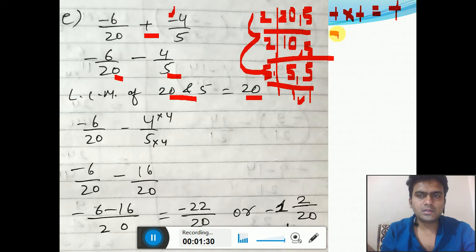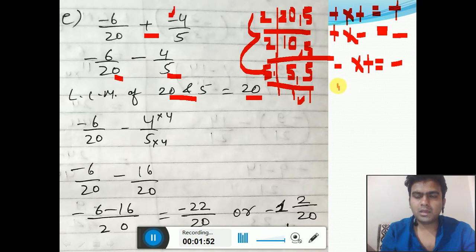Then plus into minus equals minus, minus into plus equals minus, and minus into minus equals plus.